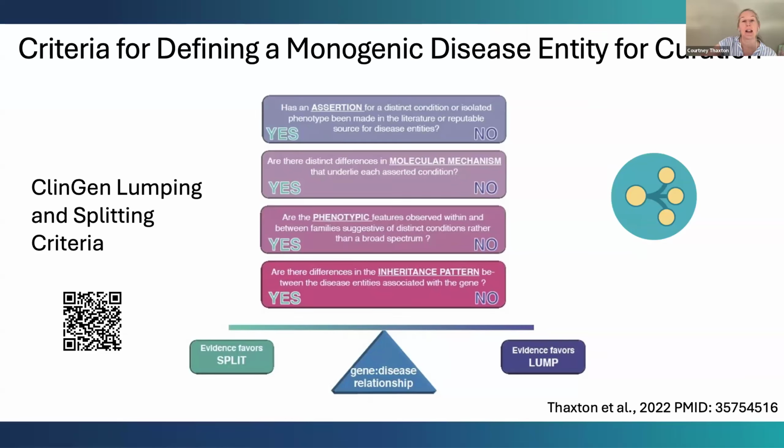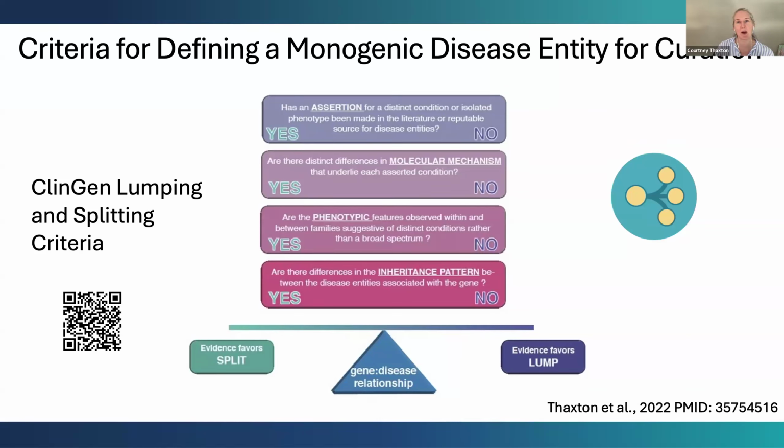So we look at things like assertion, and we appreciate that there could be lots of assertions, but literature is biased. It's biased to novelty. And so what that means is that we kind of have to weigh that a little bit differently. We also want to more heavily weigh potentially molecular mechanism. Do we know that there are distinct mechanisms between diseases, things like loss of function, gain of function?